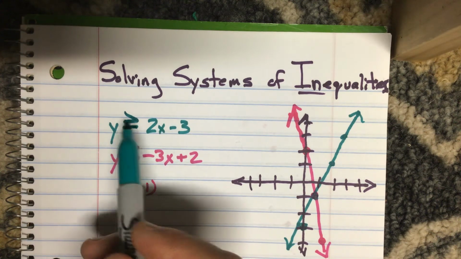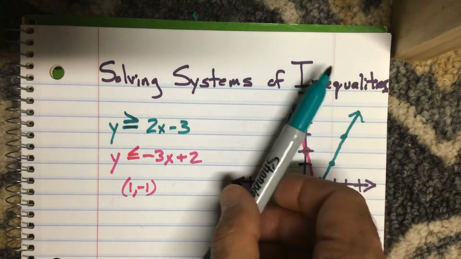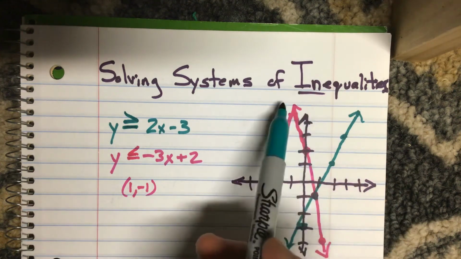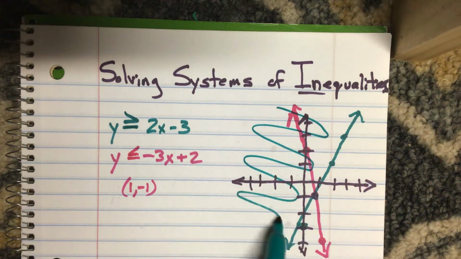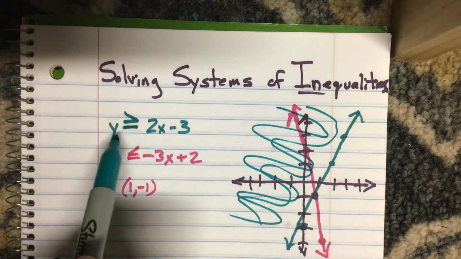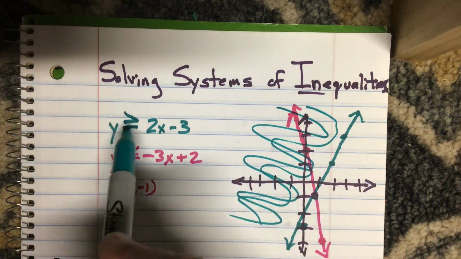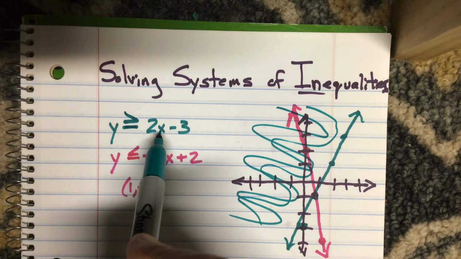So anything above, what I would call above, if this were like a ladder leaning against a wall, this would be above. Anything above inside of here is also a solution to that inequality.